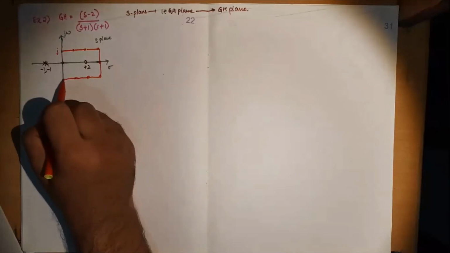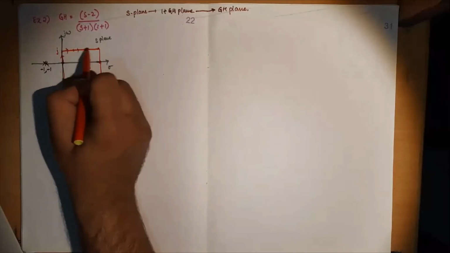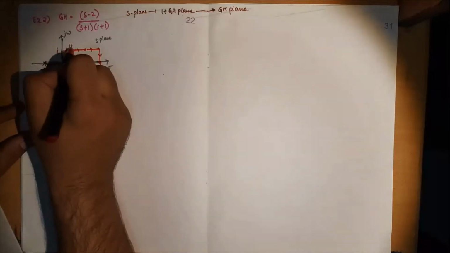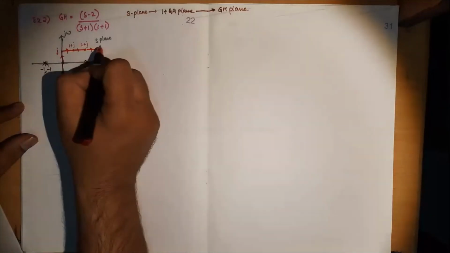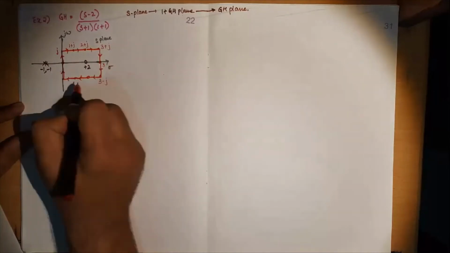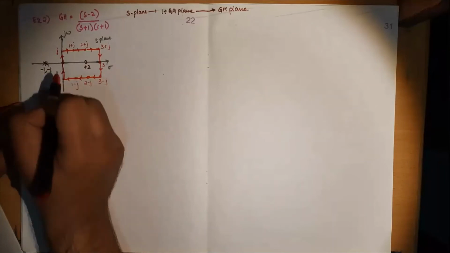So now different points I am considering. It's my wish, your wish. So it's the same clockwise contour but around the zero now. That is around +2. The points are 1 plus j, 2 plus j, 3 plus j now. And 3 minus j, 2 minus j, 1 minus j, 0.